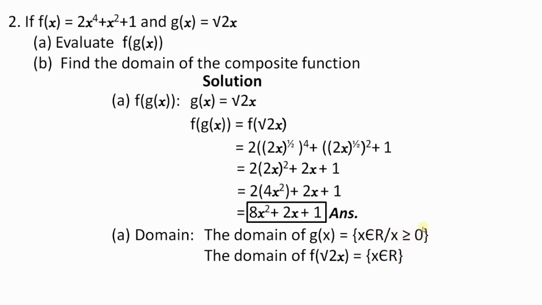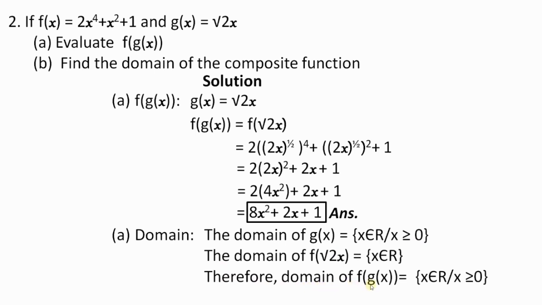And the intersection of these two sets is simply x is a set of all real numbers such that x is greater than or equal to 0. So it means the domain for the composite function f of g of x will simply be x is a set of all real numbers such that x is greater than or equal to 0.